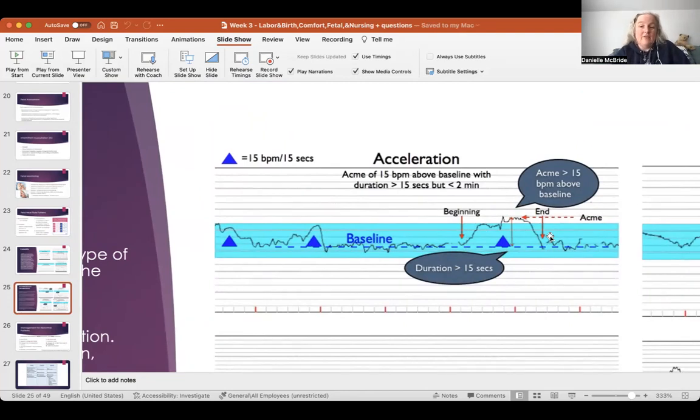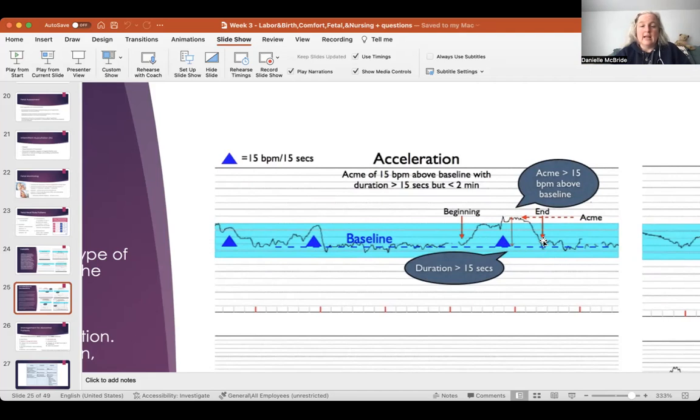All right. Now 10 by 10, if our baby's less than 32 weeks, their neurologic system is less developed, and that is acceptable. But in a term baby, it's got to be at least 15 beats and at least 15 seconds. Can be more, but at least that. Okay, so when we count the beats, we're counting up this way, and then we count time across.